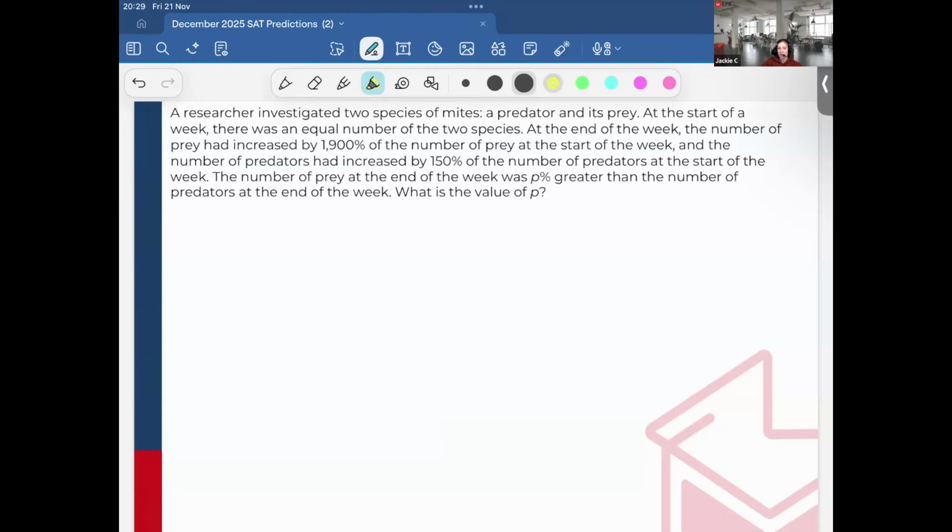The number of prey at the end of the week was what percent greater than the number of predators? Okay, so again, just like the previous one, let's say the start for predators was 100, which is equal to the start of prey, which we're also going to put at 100.